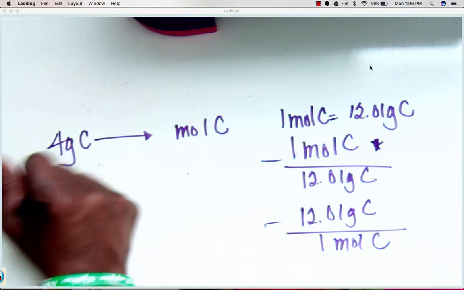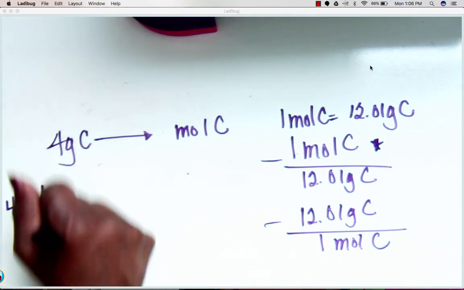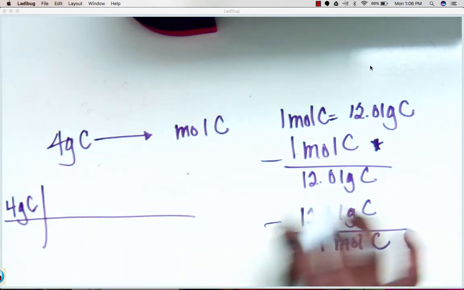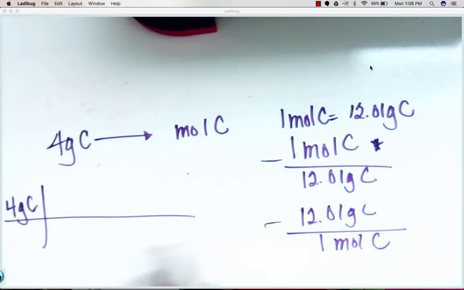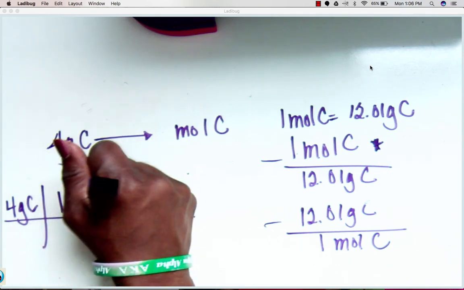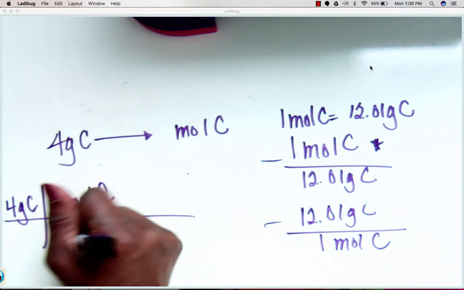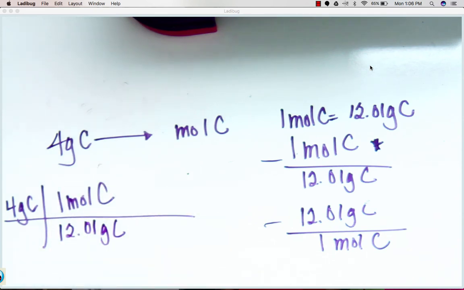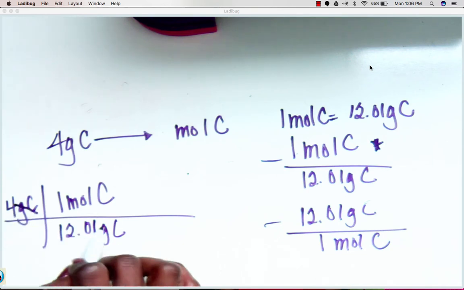I'm going to start off by writing 4 grams of carbon. I'm going to use my T-chart to organize the information and pull that conversion factor over into it. I'm going to write 1 mole of carbon in the numerator, and in the denominator, 12.01 grams of carbon. Looking at this, we need the like units to cancel.